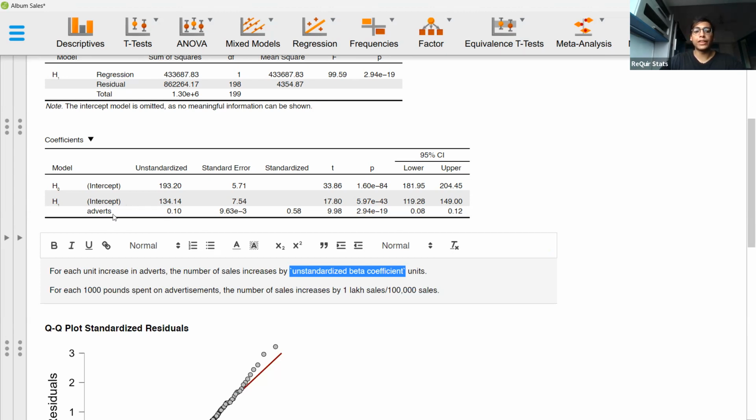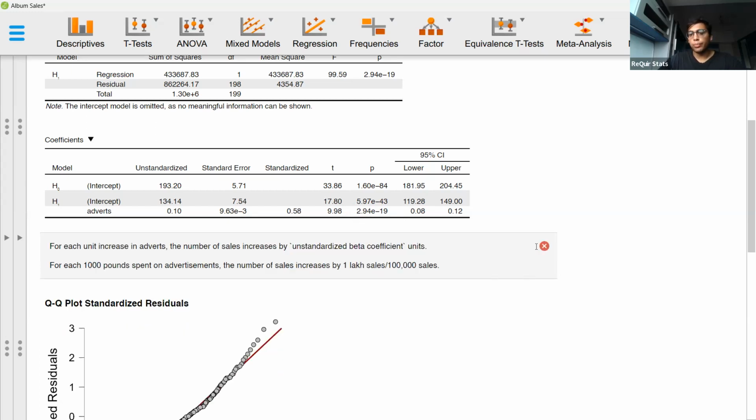The p-value is also significant. That means that this is a significant predictor. Okay, so this p-value indicates that this is a significant predictor. So if you have 5 or 6 predictors, whatever p-values are significant, those are significant predictors for sales, and those which have insignificant p-values are of course not significant predictors for the sales.